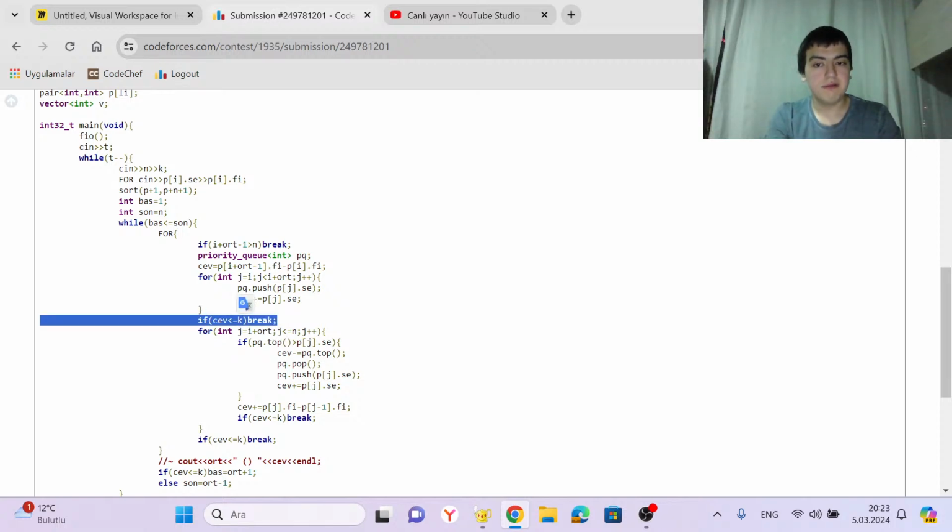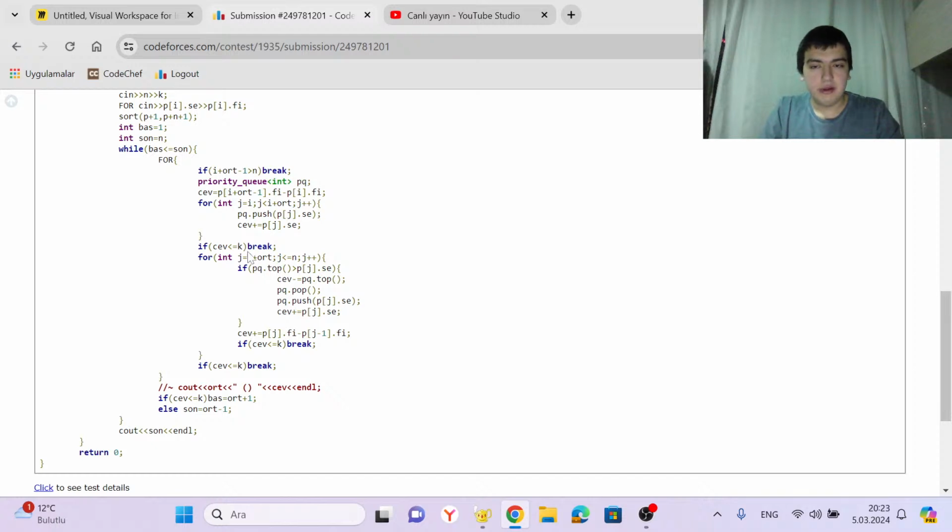So if I find this, I can increase the L value in the binary search, the starting value. I mean, the smallest answer that can be. We should increase it, the smallest value that can be.